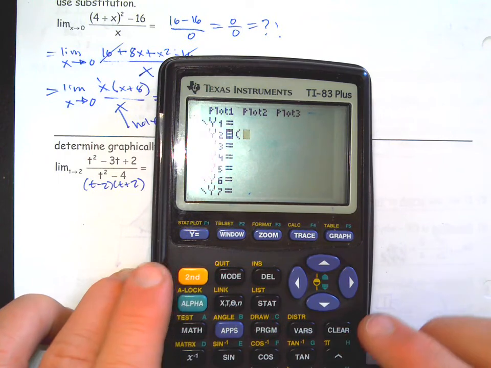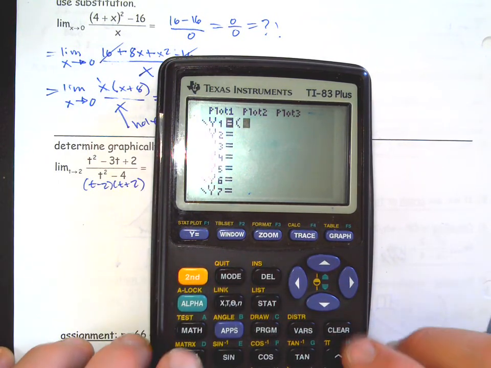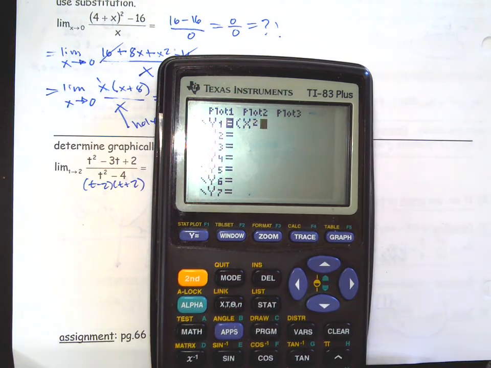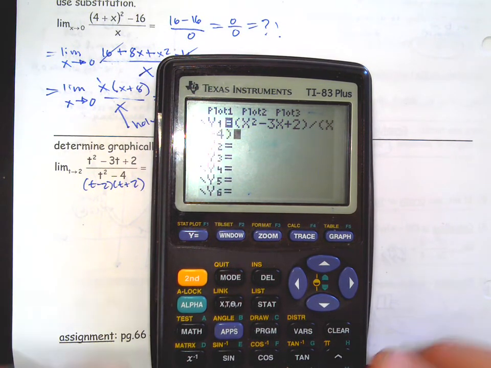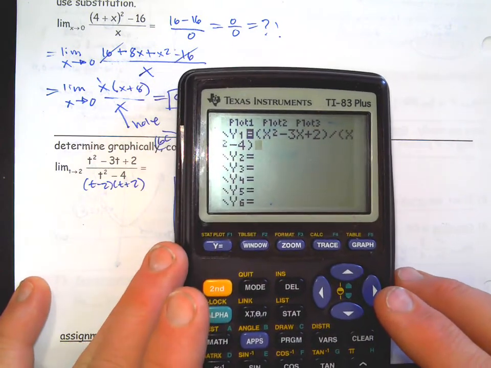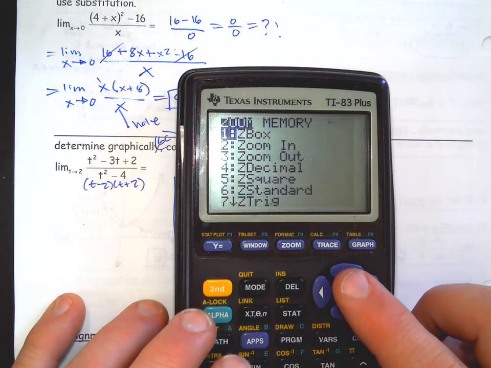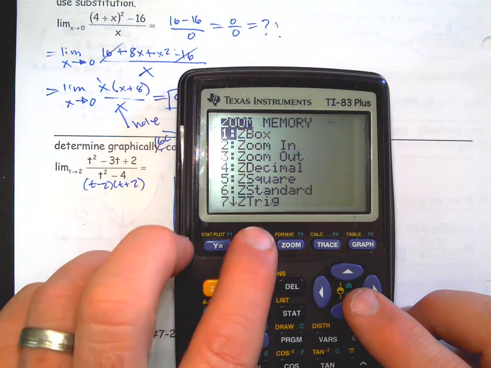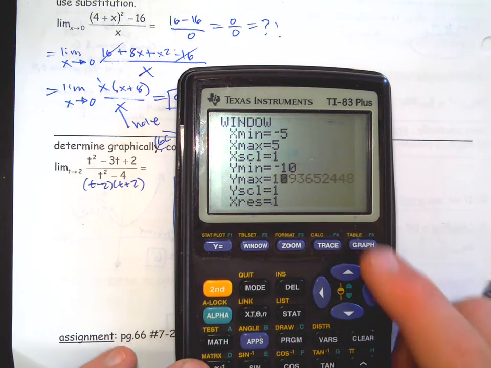Parentheses, definitely need parentheses. Around the top, x squared. I'm putting x's in for the t's. Plus 2, close, x squared minus 4. Window, let's do -5 to 5, -10 to 10.